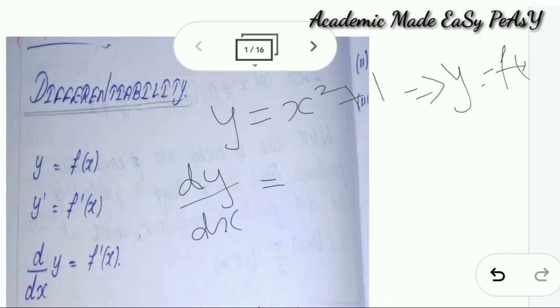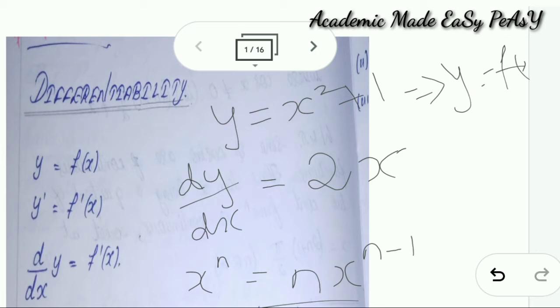So my x square, we have already learned that differentiation of x power n is n into x power n minus 1. This is a formula, no? What is my n over here? It is 2. So I write 2 over here, and my x as it is, and 2 minus 1.